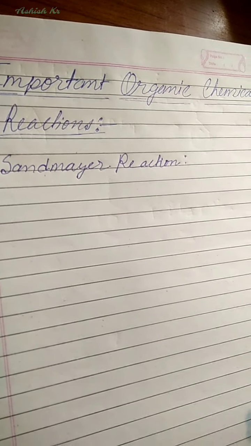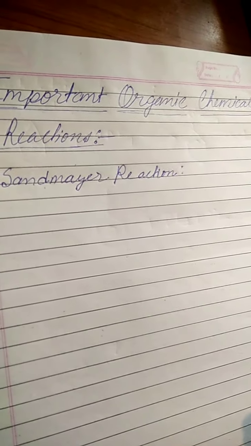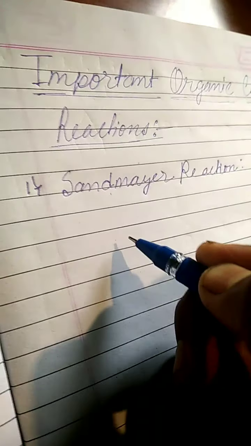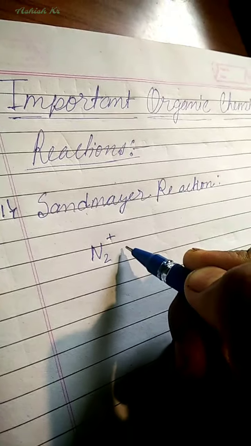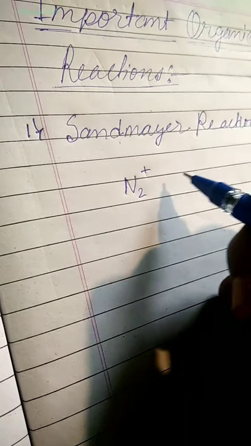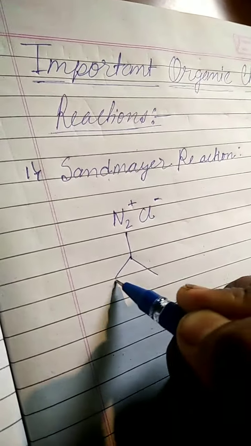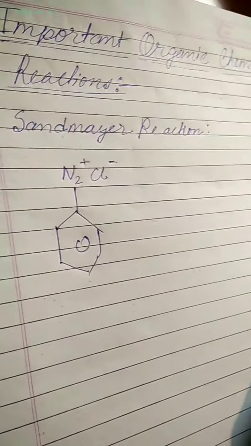This reaction is a method for substitution of the aromatic amino group by preparing a diazonium salt, followed by the replacement with a copper salt, often as a catalyst. So for the reaction we first take benzenediazonium chloride, N2+ with a halo group like Cl-, attached to the benzene ring. This is benzenediazonium chloride.